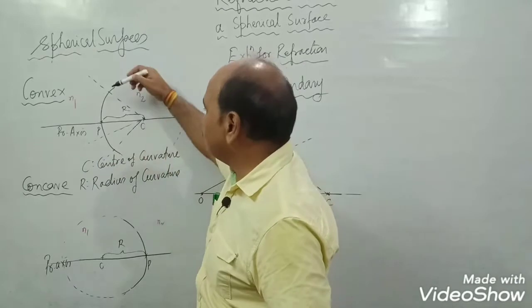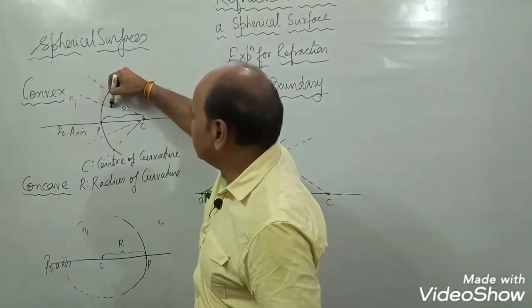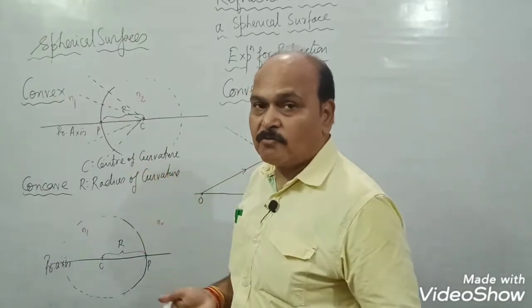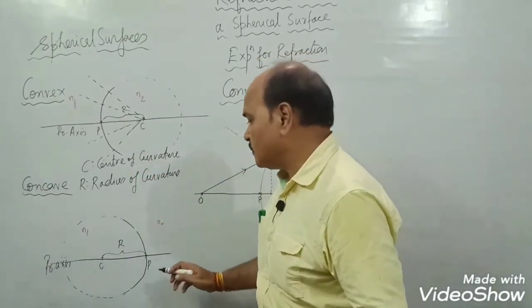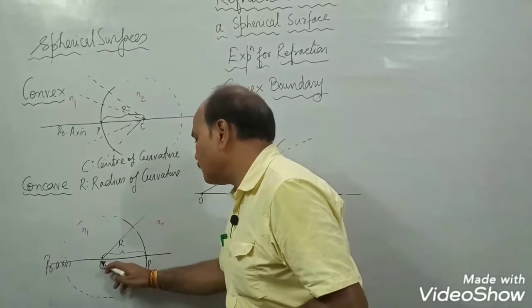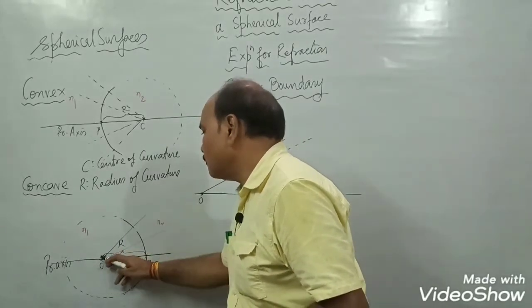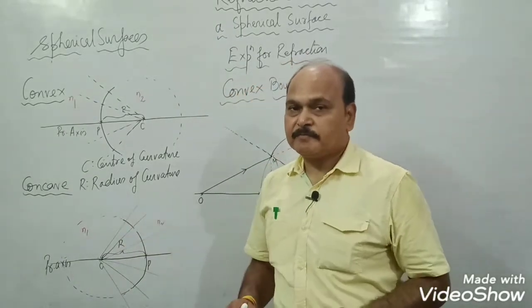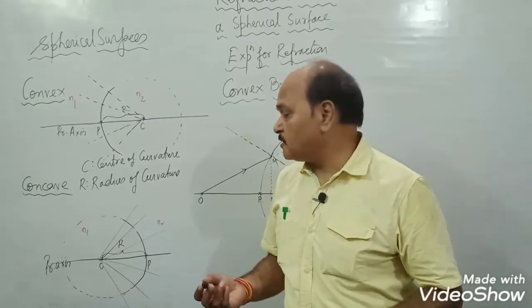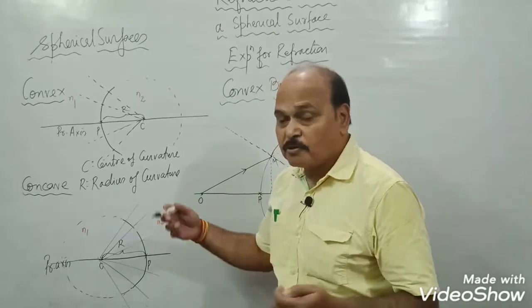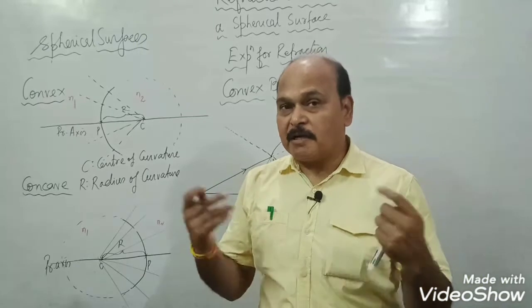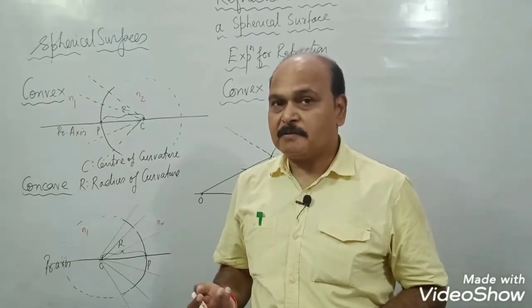All these lines pass through the center of the sphere, so they all are along the radius, and the radius is always normal to the surface of the sphere. We need to know this normal because if we know the normal, we can locate the angle of incidence as well as the angle of refraction.